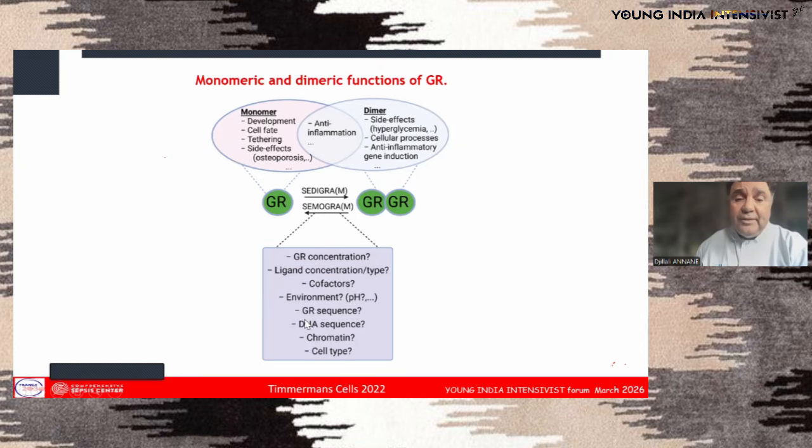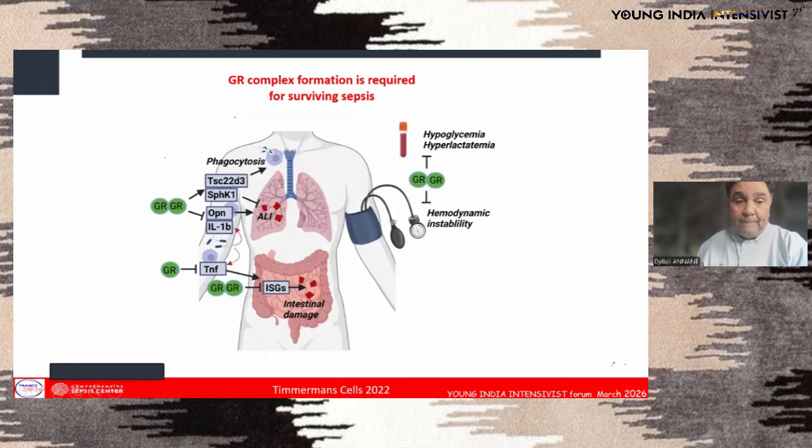All of these additional factors will modulate the function of a glucocorticoid receptor, whether it is the monomeric form or the dimeric form. Very importantly, we know that the glucocorticoid receptor complex formation is required for surviving sepsis. So that molecular process is a conditio sine qua non to survive a stress like sepsis. And one can see, for example, the different effect of the monomeric or the dimeric form in that specific context.